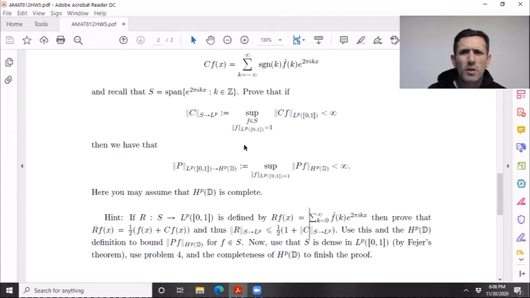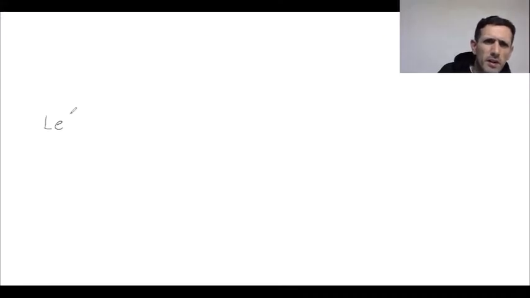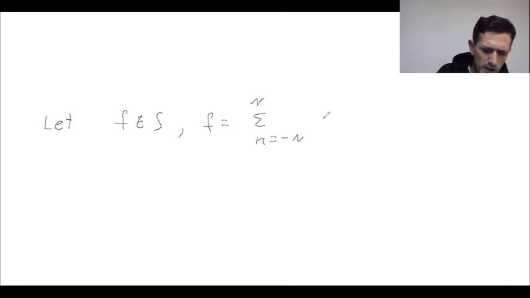Okay, so let's go to the whiteboard here. Let's say f is a trigonometric polynomial. So f is going to be this finite sum from minus n to n. Let's write it in terms of Fourier series: f hat of k, e to the 2 pi i k t.